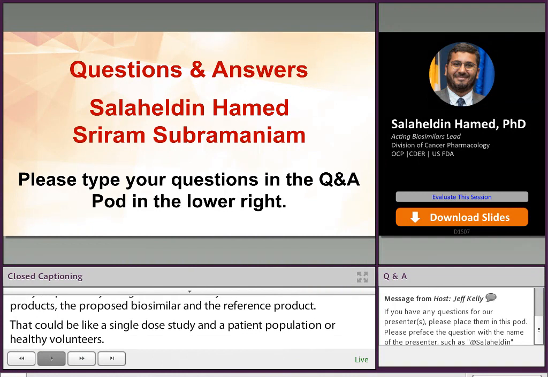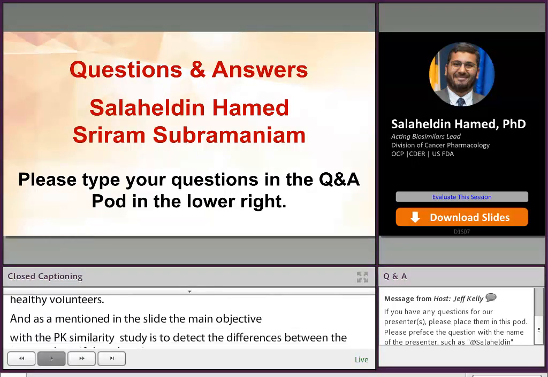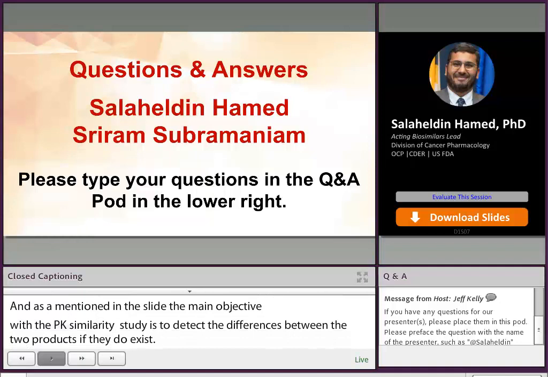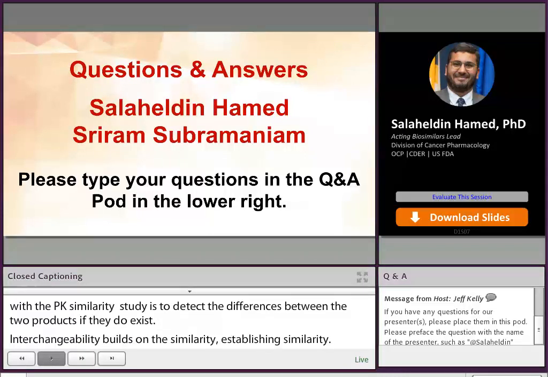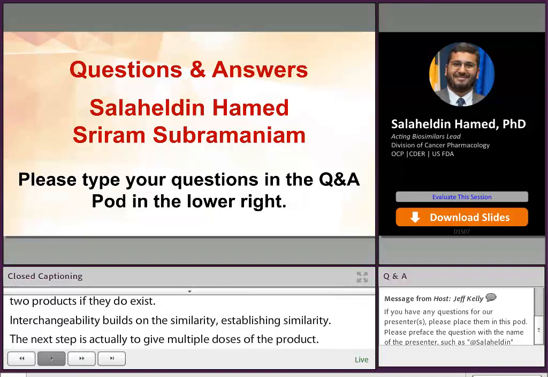Interchangeability builds on establishing similarity. The next step is to give multiple doses of the product. As highlighted in the guidance for interchangeable products, it's a switchability study. So essentially we have two arms, one in which the reference product is administered at multiple treatment cycles, and another in which the biosimilar product is interchanged.